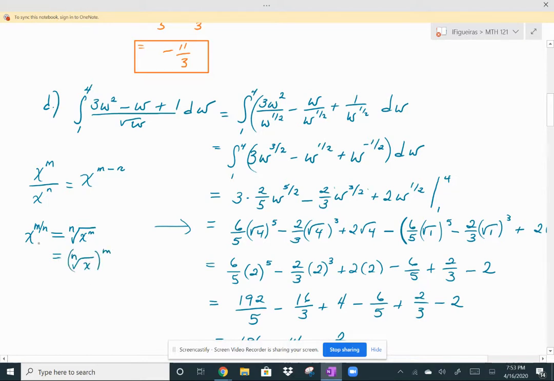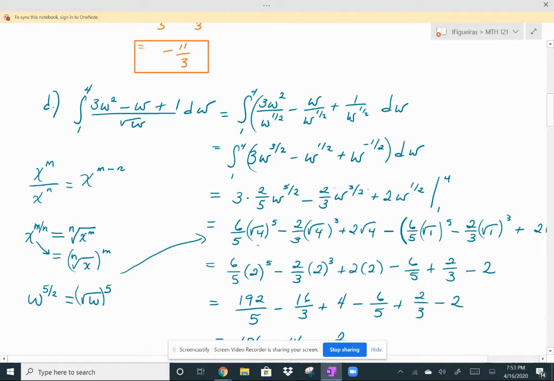I'm rewriting it in this way because it's easier to take the root before raising it to a power. So in our example, I had w to the 5/2. Well, since my denominator is 2 in 5/2, then it's just the square root of w to the 5th power. And that's exactly what you see here, except I'm plugging in my limits.